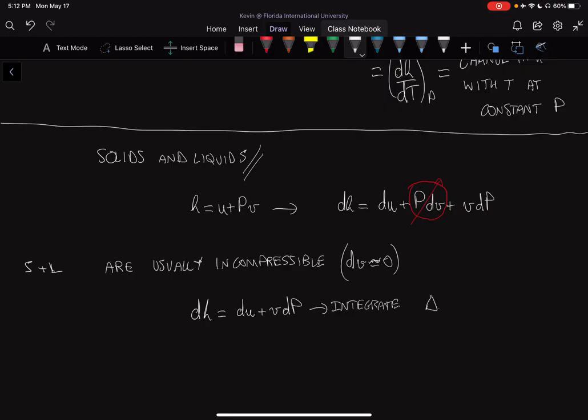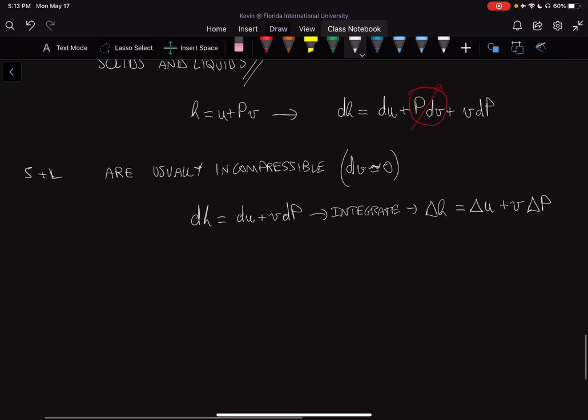And if we integrate this term we get delta H is equal to delta u, lowercase u, plus V delta P. Now, for solids and liquids, V is usually very small.